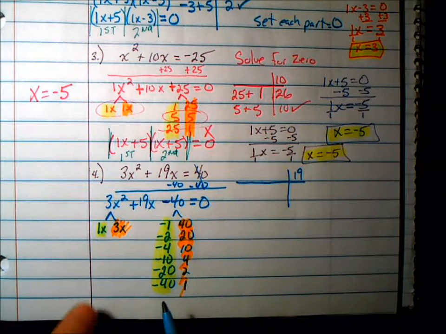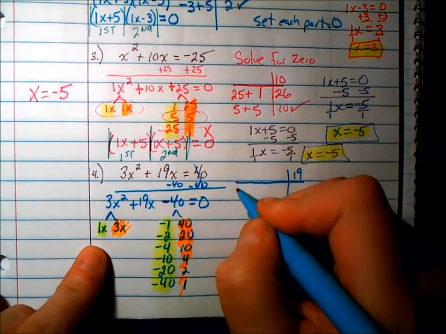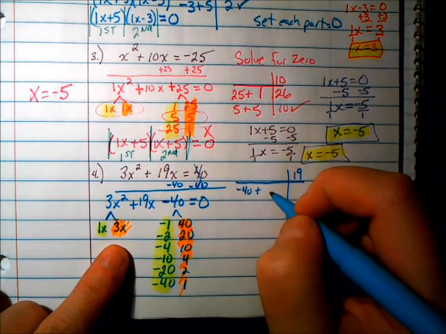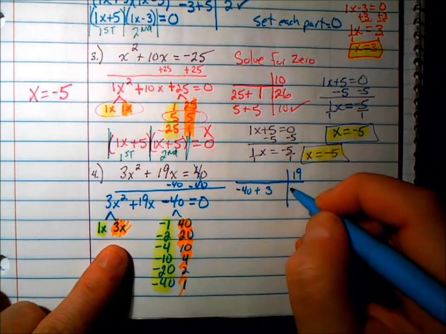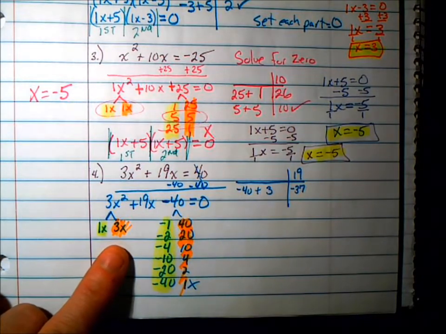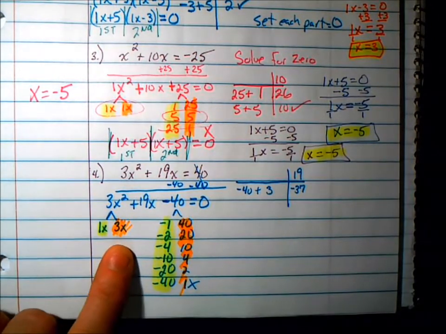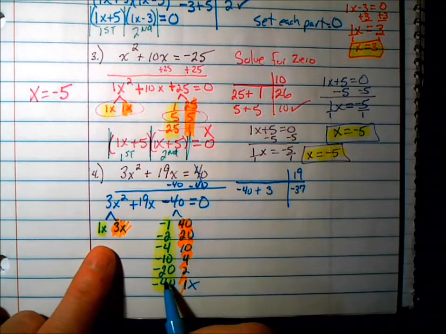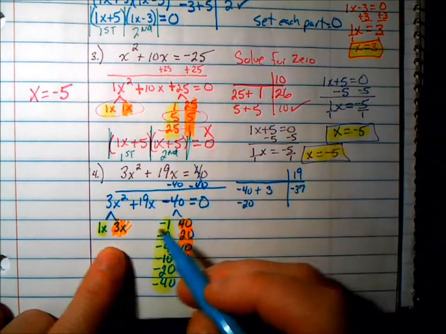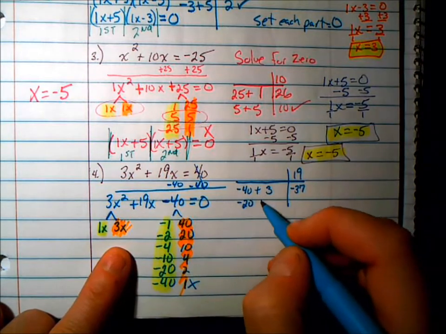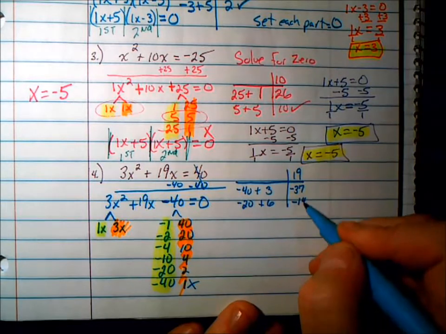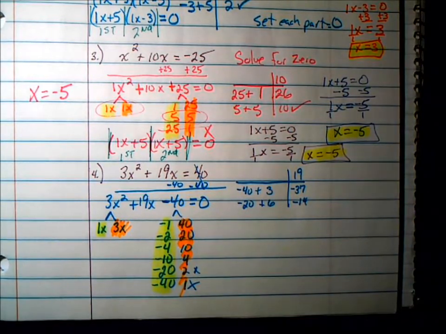I'm looking for 19, so 1 times a negative 40 is a negative 40, and 3 times 1 is 3, and that gives me negative 37, so that's not it. If I go to the next one, 1 times a negative 20 is negative 20, and 3 times 2 is 6, and if I calculate that, I believe that is negative 14. That is not my answer.